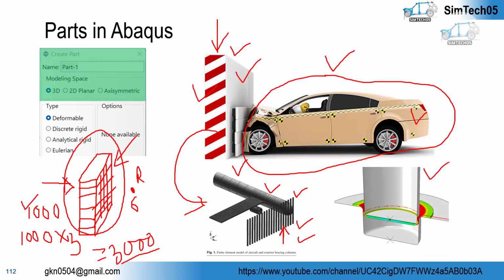Similarly, here we have a forming analysis. In this forming analysis, there is one deformable plate, and then we have a punch and die. With the help of some pressure force, we are going to deform this plate into the die cavity. You may think, sir, not only the plate component, but the punch and die are also deformable components. Of course, they are deformable.